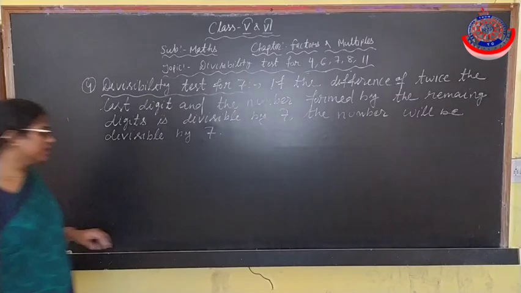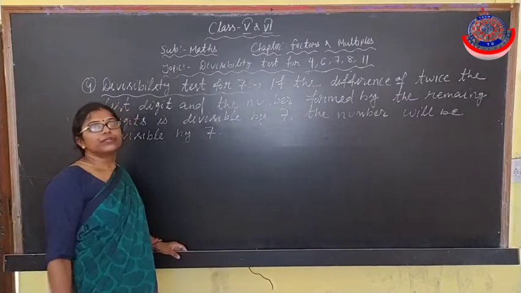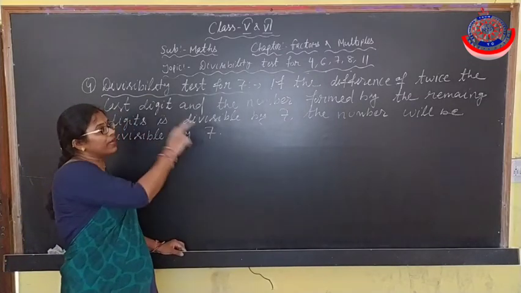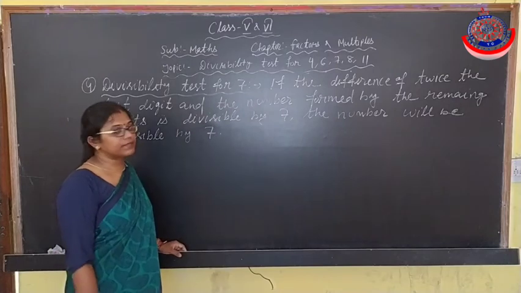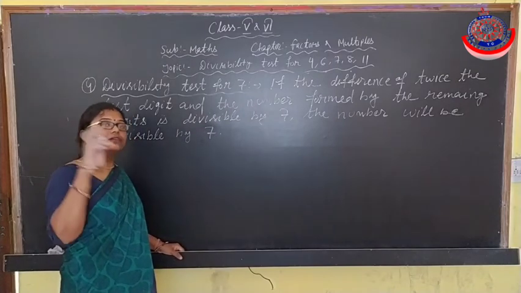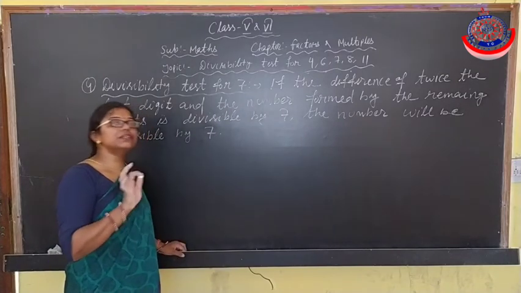What is the rule here? If the difference of twice the last digit and the number formed by the remaining digits.